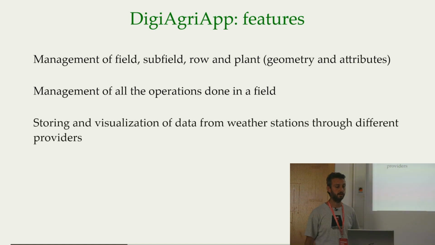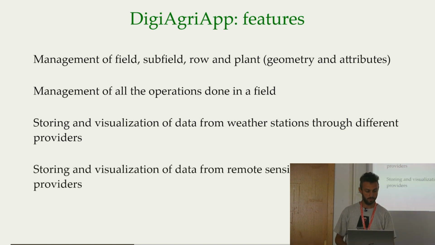Storing and visualizing data from weather stations from different providers. Right now we have implemented just one, but the idea is to provide other providers to get data from. Storing and visualizing data from remote sensing. I'm from the GIS field, and that one was one of my main and most interesting parts.